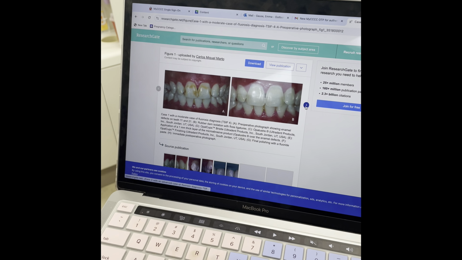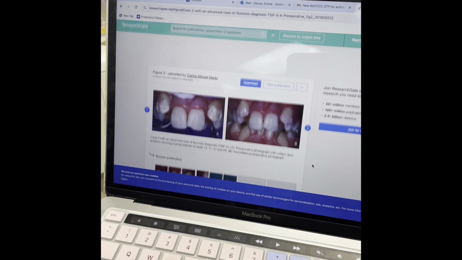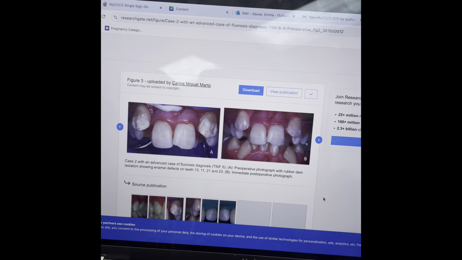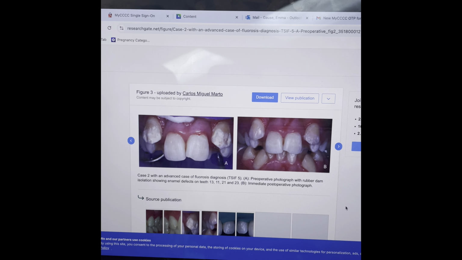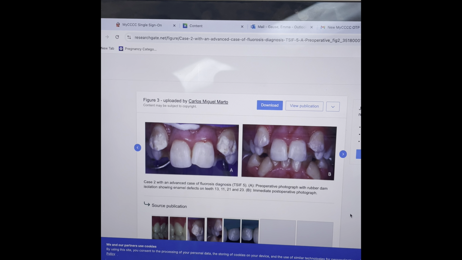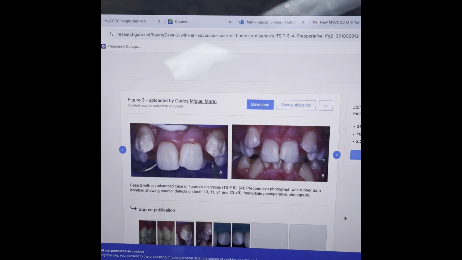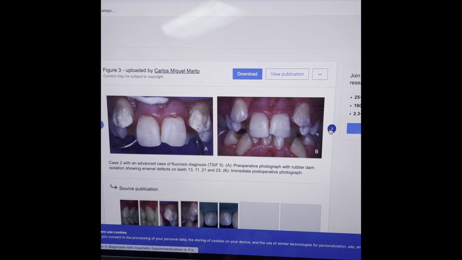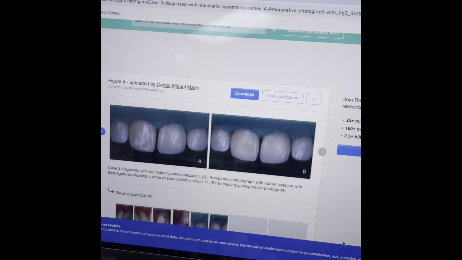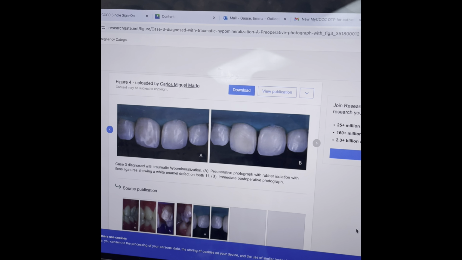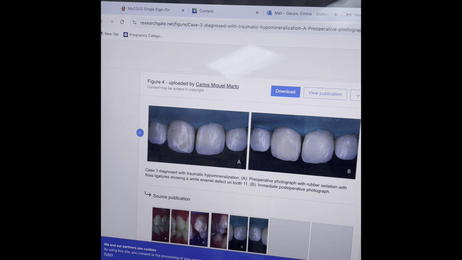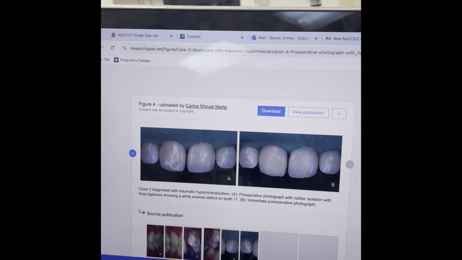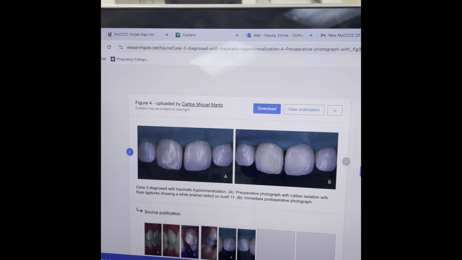An example for a 2 would be parchment white fluorosis that involves more than or equal to 33% but less than 66% of visible tooth surface. These are some examples here. All right, and then a score of 3 would be parchment white fluorosis that involves greater than or equal to 66% of the visible tooth surface.